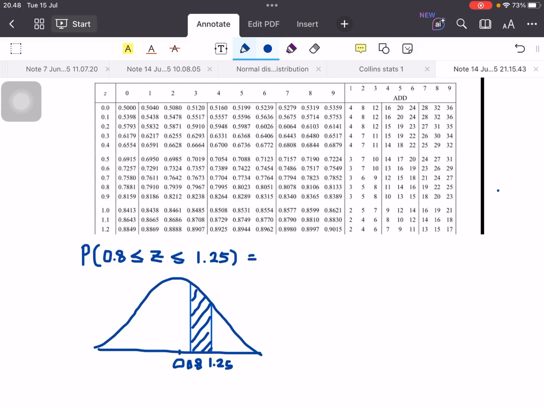How to find it? It's actually not that hard. The shaded area can be found by finding this area, which is the probability that z less than 1.25, and then subtracting this one.